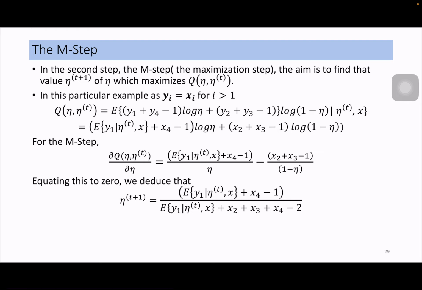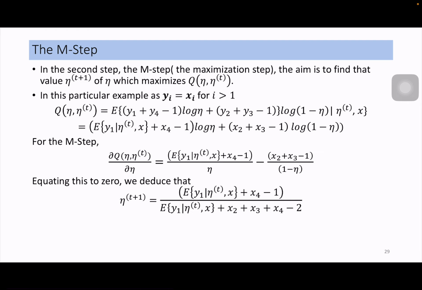The maximization step aims to find the value n(t+1) of n which maximizes Q. In this particular example, Q(n, nt) = E[(y1 + y4 - 1) log n + (y2 + y3) log(1 - n)].